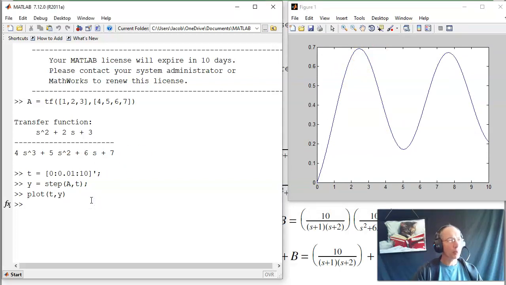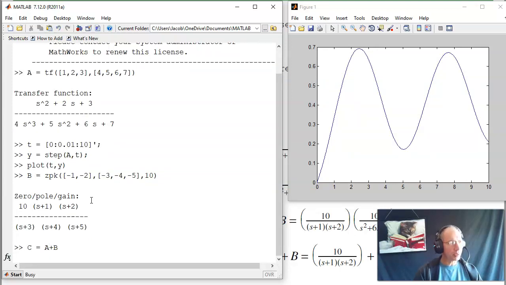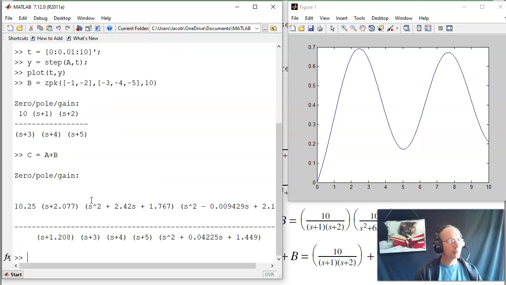You can also combine systems. Let's input in zeros, poles, k. I've got a 0 at -1, -2, poles at -3, -4, -5, and again up on top of 10. I can say now that C is A plus B. It'll calculate it and give you that system.